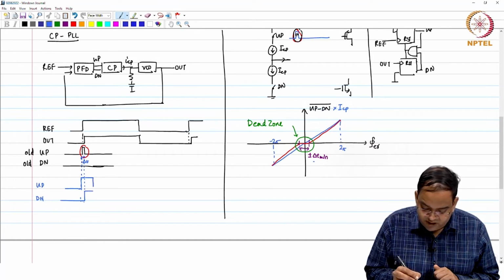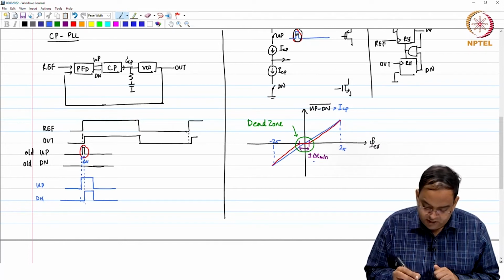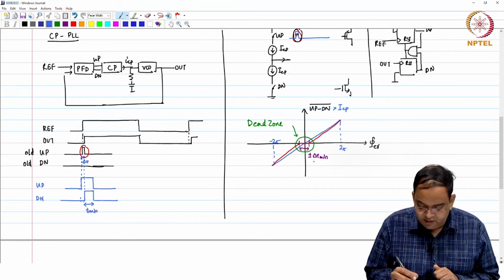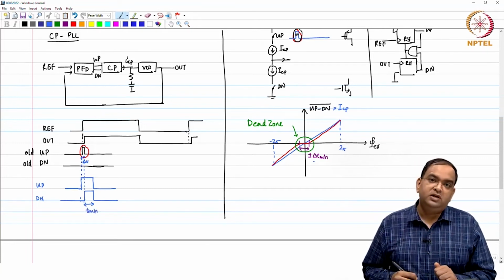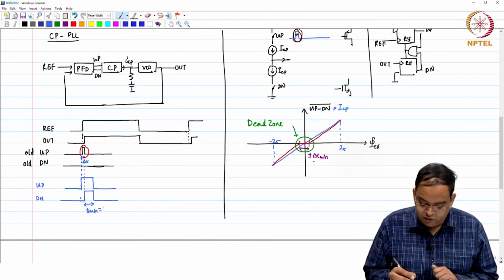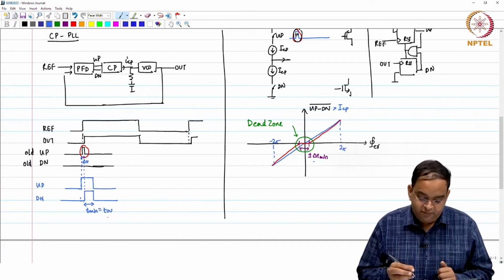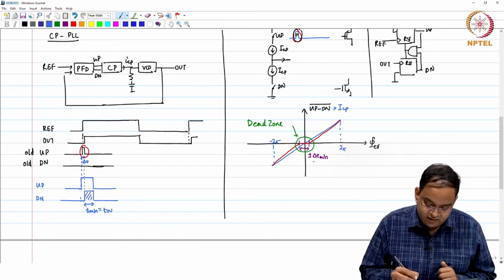And then both will come down. So, this is the T min period for which both the up and down pulses are high. It is also called the overlap, where the up and down pulses overlap each other. This is the region.